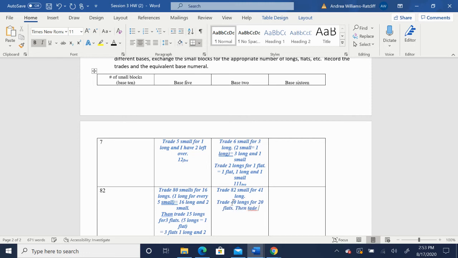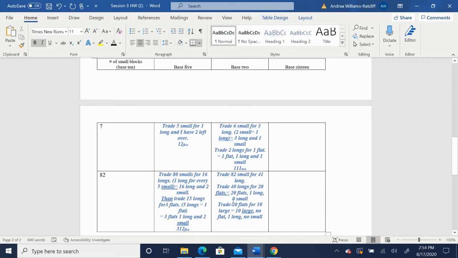This leaves me 20 flats, 1 long, 0 small. Then I'm going to trade 20 flats for 10 large, which is going to leave me 10 large, no flat, 1 long, no small.